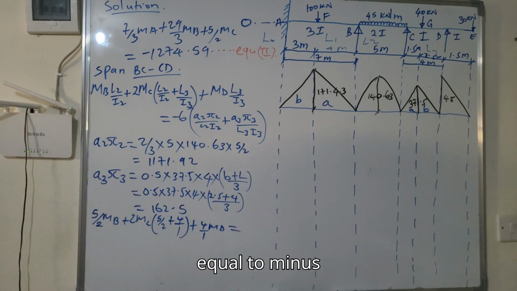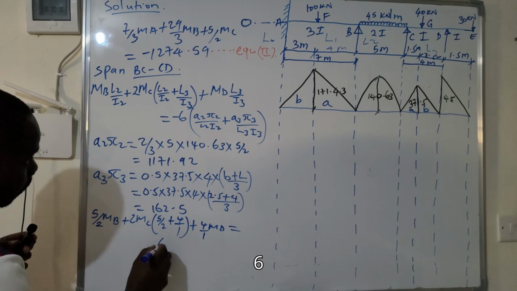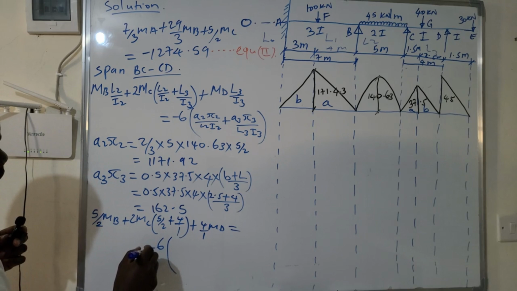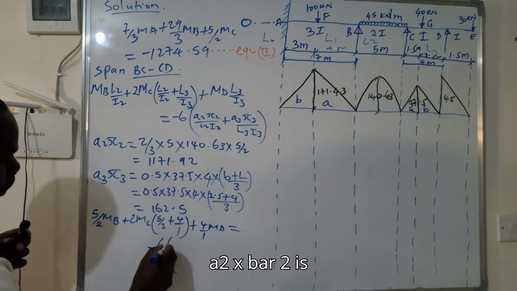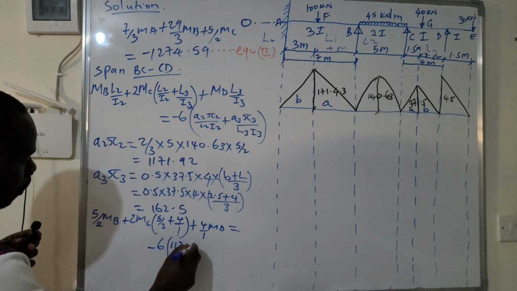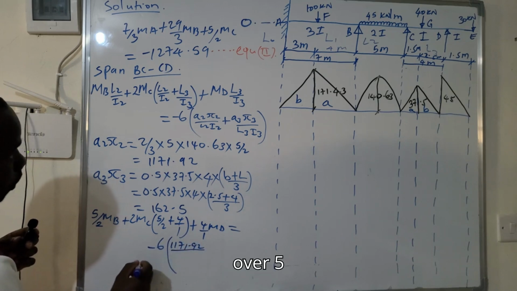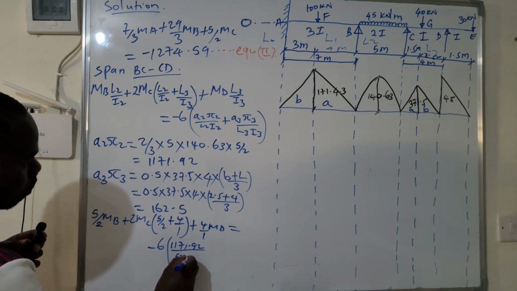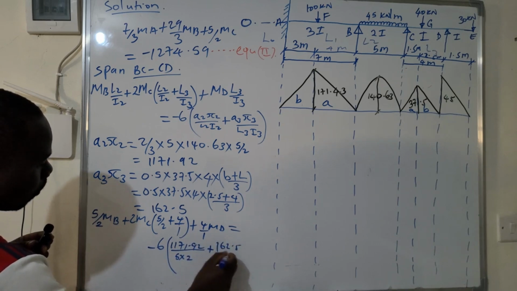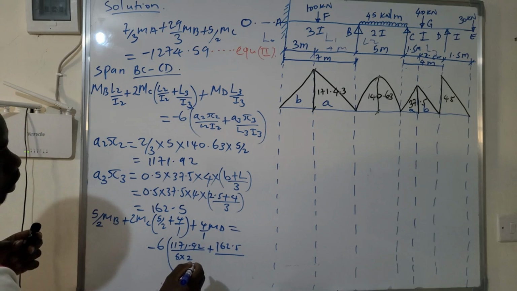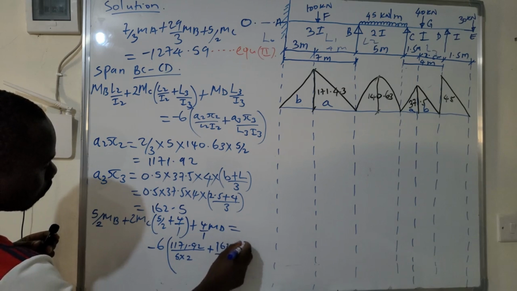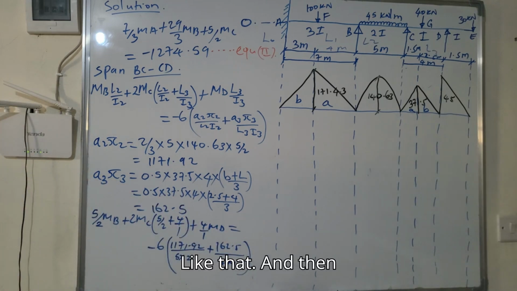And this one should be equal to minus 6 into bracket A2 x bar 2 is 1171.92 over 5 times 2 plus 162.5 over 4 times 1, like that.